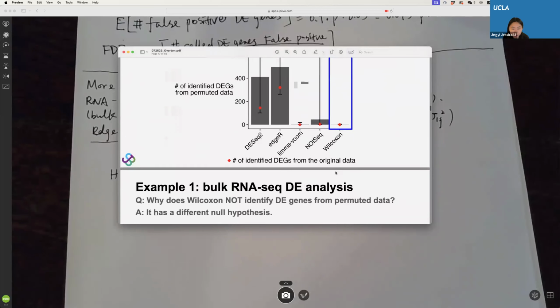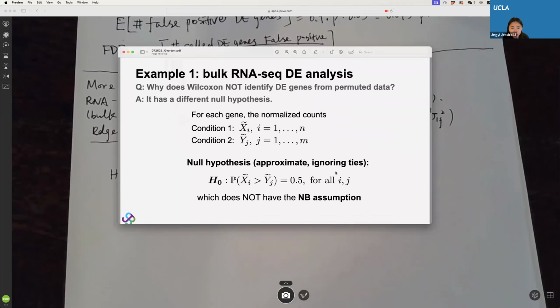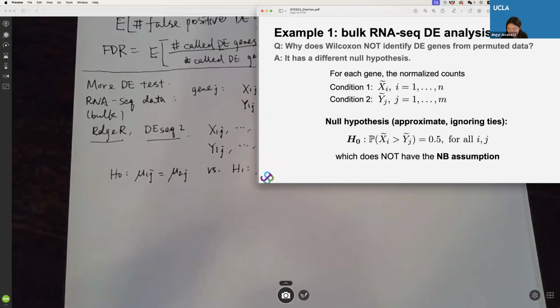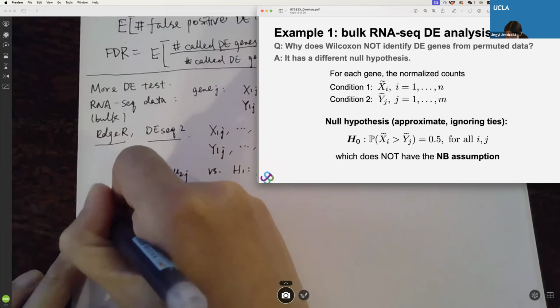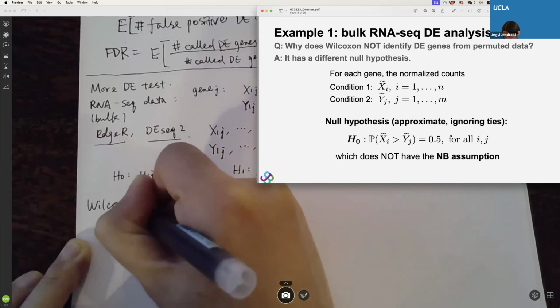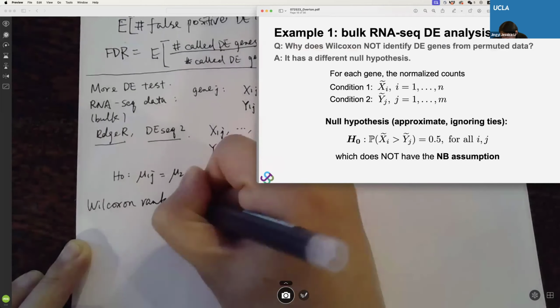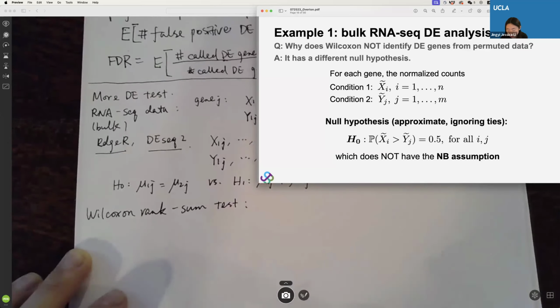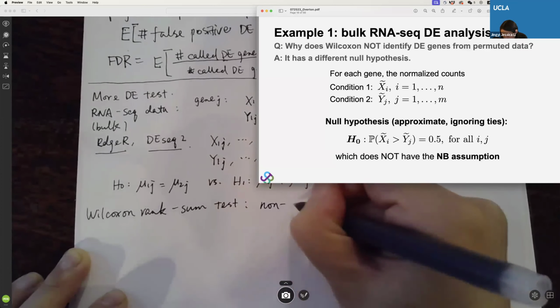So let me just go here to look at the Wilcoxon. And this is what the null hypothesis is for Wilcoxon. That is, it's not directly comparing two means as we have for the negative binomial. So maybe I can pull this up a little bit and just write here on my paper. So Wilcoxon rank sum test is well known as a non-parametric test.